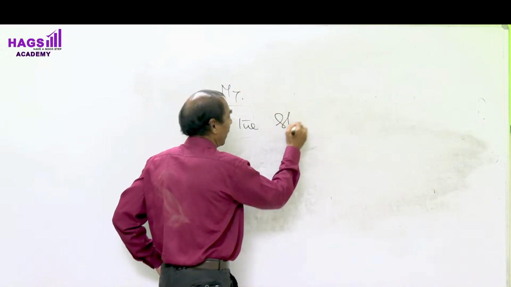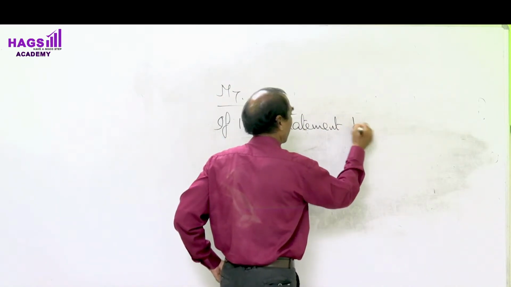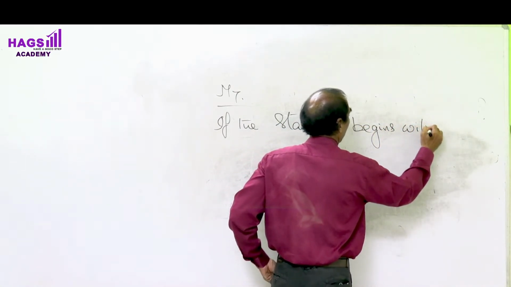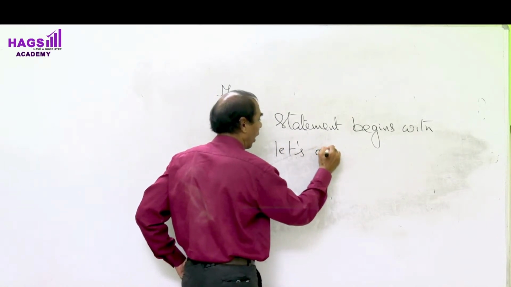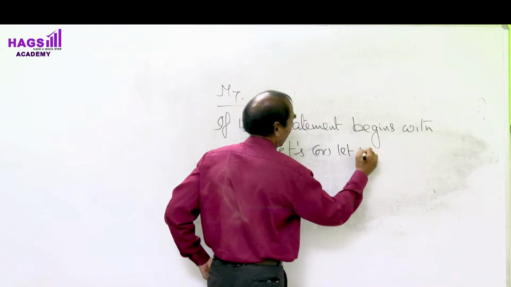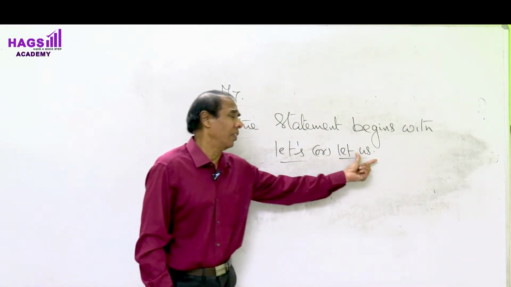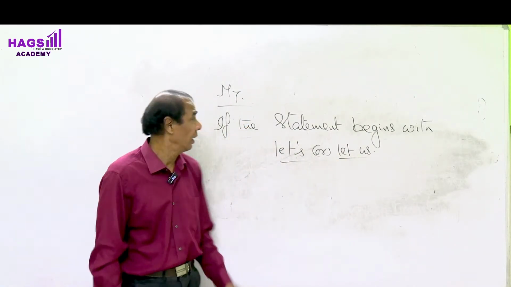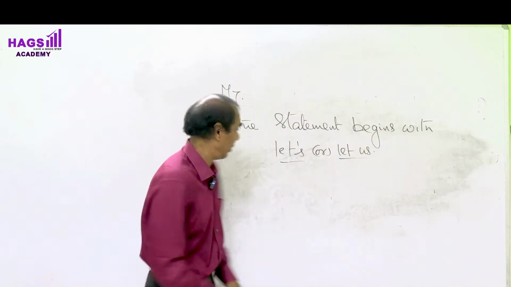If the statement begins with let's or let us. Let's is short form of let us. Let us full form, let's short form. Both are same. Okay?